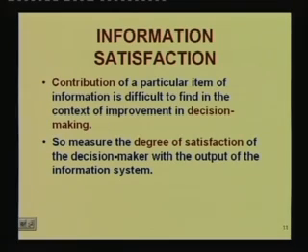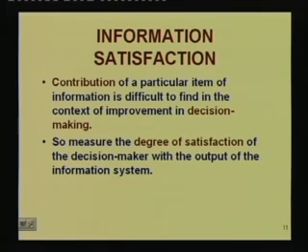Now, how do you know which bit of information has made this particular decision making possible? It may not be easy to find out. So, a qualitative method has to be followed, that is, ask the decision maker how satisfied he is.